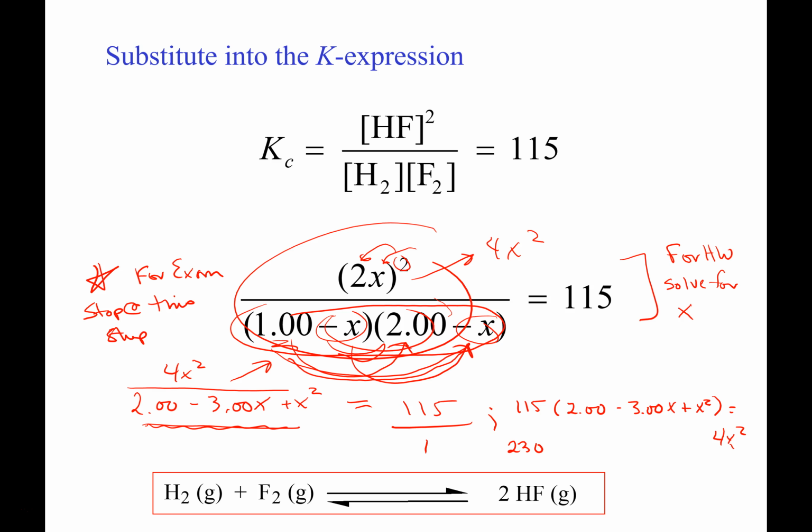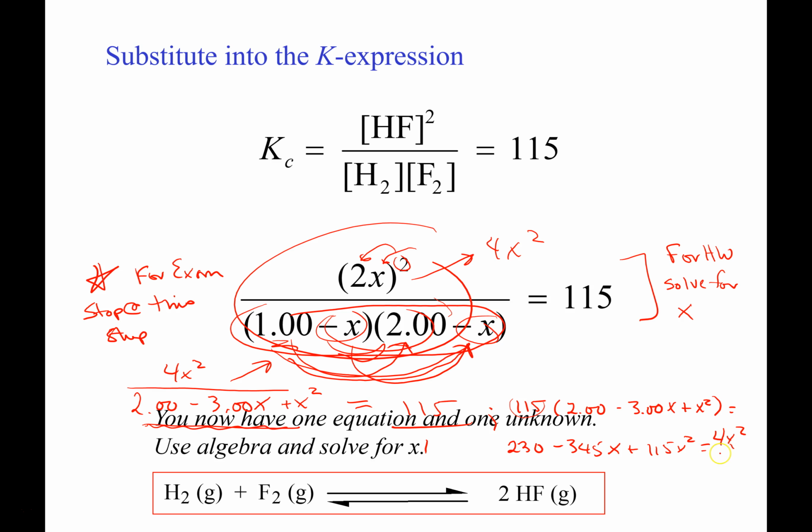If it's okay with you, just disregard my decimals. 230 minus, and I have to take 115 times 3.00x. 115 times 3, I get 345x, plus 115x squared is equal to 4x squared.